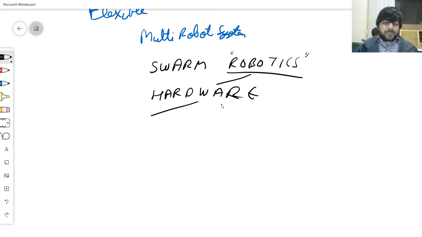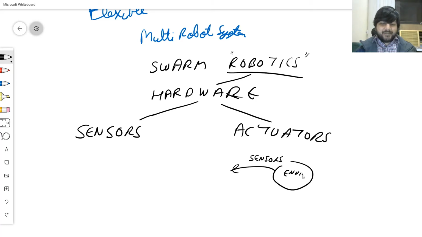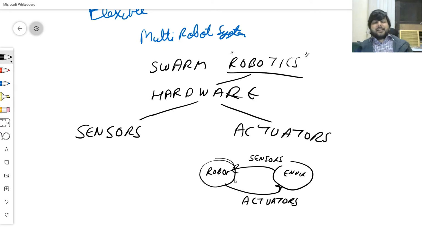There are normally two types of hardware, as we looked at in the brief on AI: sensors and actuators. AI looks at the world through the sensors, which is my environment. This is currently my physical real robot, previously an AI agent, and I act with the help of actuators. So the sensors help you look at the world, and the actuators help you manipulate the world.